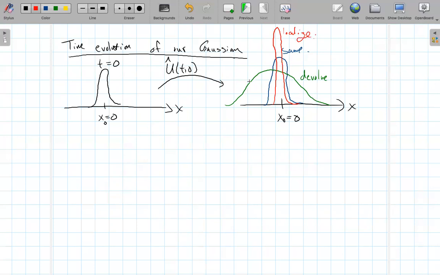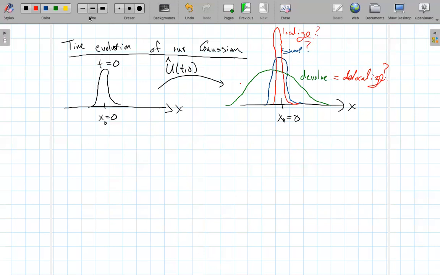So the questions are, if I evolve this thing with time, does it stay the same? Does it become more localized, or does it delocalize or devolve? So does it become more spread out? The question is, which one of these three does it do?